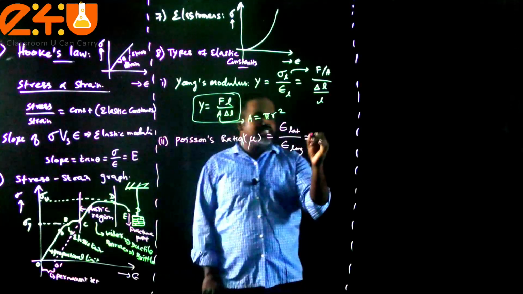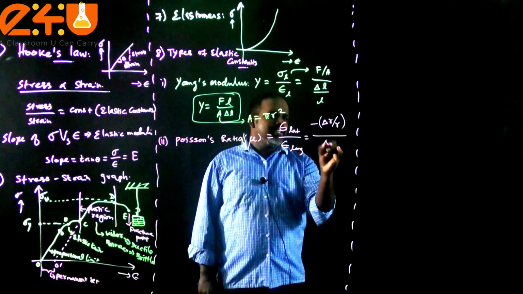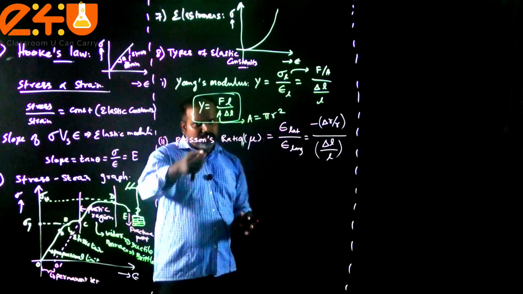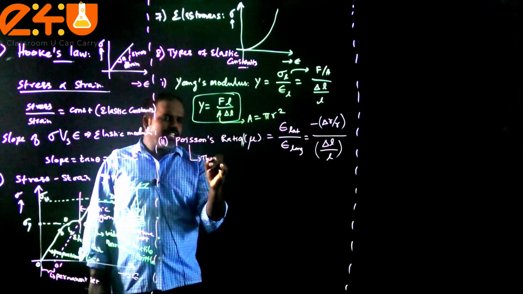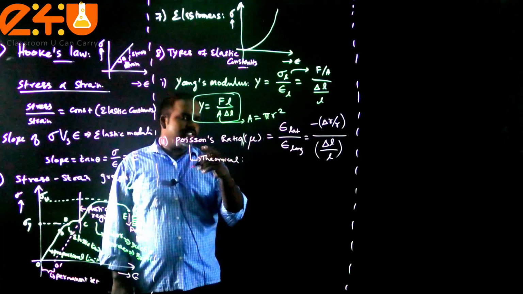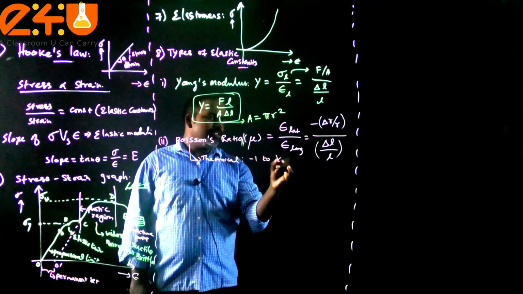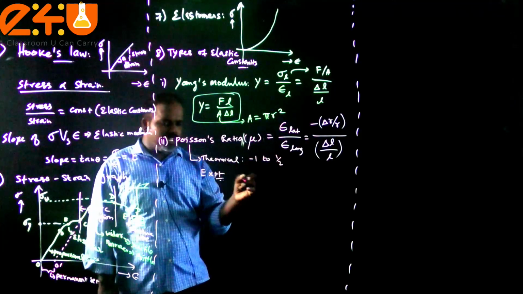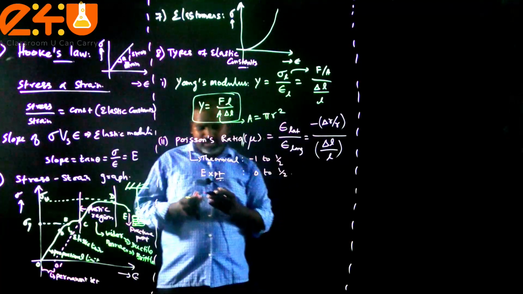The lateral strain is minus delta R by R, and the longitudinal strain is delta L by L. This is the Poisson ratio. Sometimes its value is asked in the NEET examination. The theoretical value of mu is between -1 and 1 by 2. For experimental values, it is between 0 and 1 by 2. Please keep that in mind.